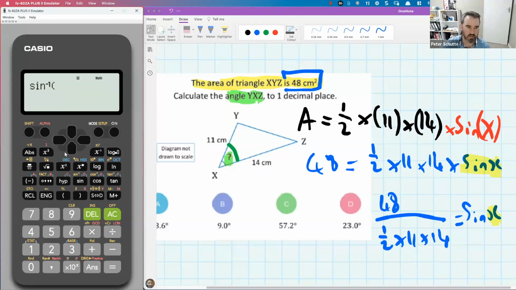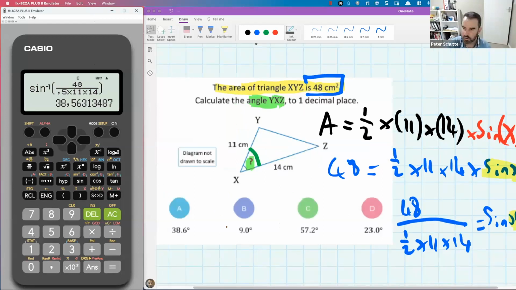Then I had 48.5 over, 1/2 times 11 times 14, close bracket, and I get 38.56, which rounded to 1 decimal place should be option A.